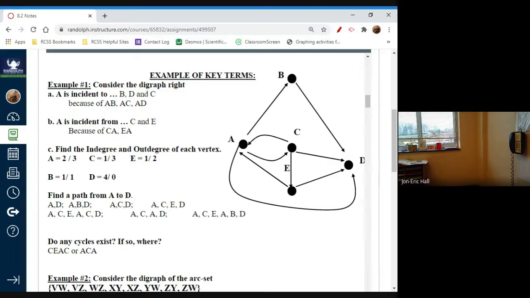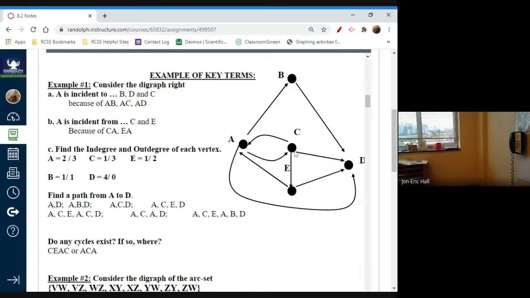And you can look at the way that these are stated. A to D, A, B, D, A, C, D. I could go A to C, C to D, D to E. I don't know why you would do that, but you just hit more than one. You could go A to C, C to E, E back to A, right?